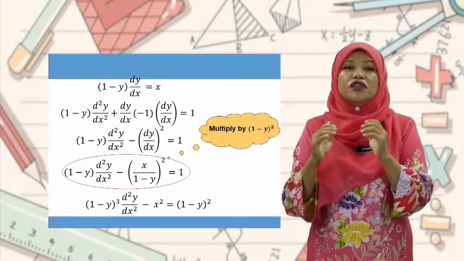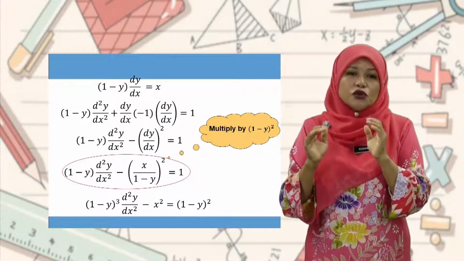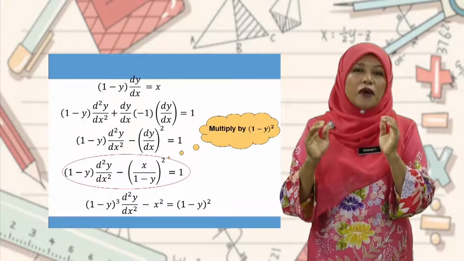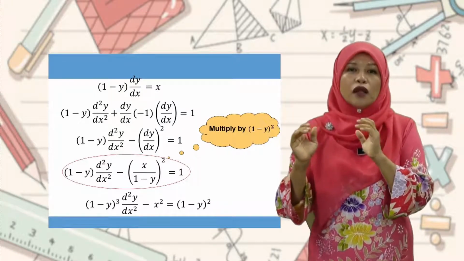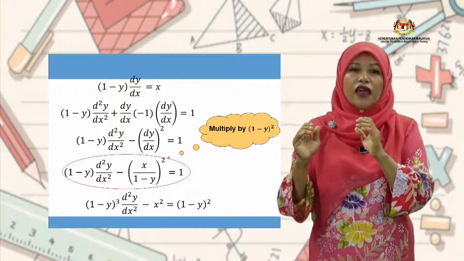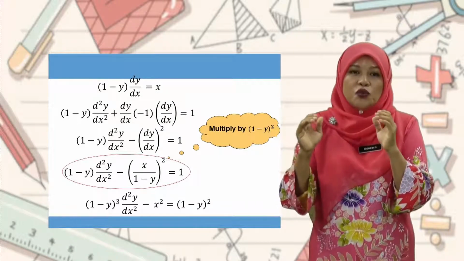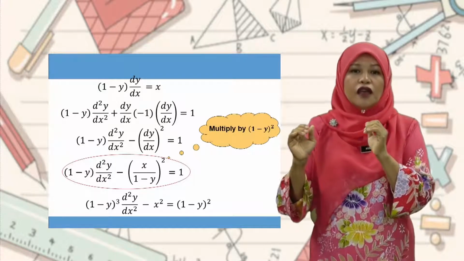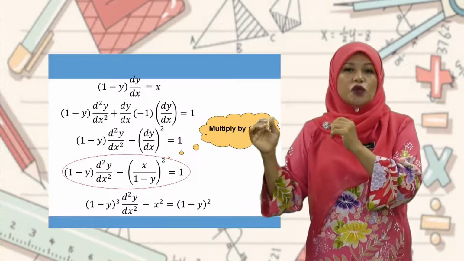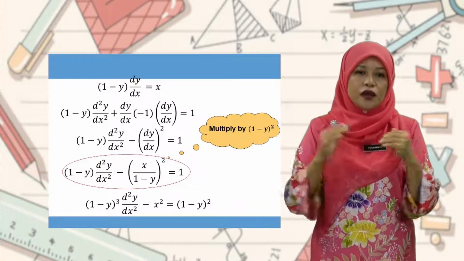And then we need to differentiate the u, which is 1 minus y. So the differentiation of 1 minus y will be negative 1. Okay, and then we need to multiply with dy/dx because we are differentiating the negative y. And then on the right side, we have x. So the differentiation of x will be 1.